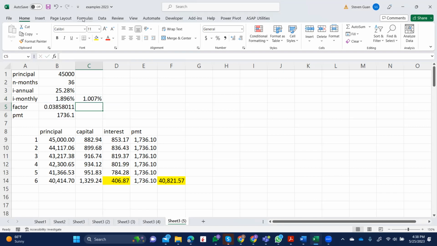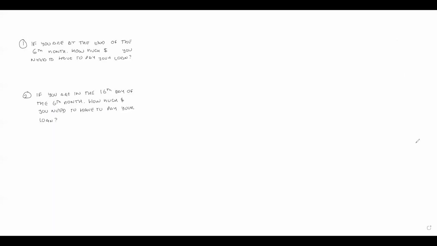Okay. Let me save this one. So now let's continue doing exercises. Let's go back to zero, to the original loan. So forget about these 6 days, 50 days. Let's start with the original loan.